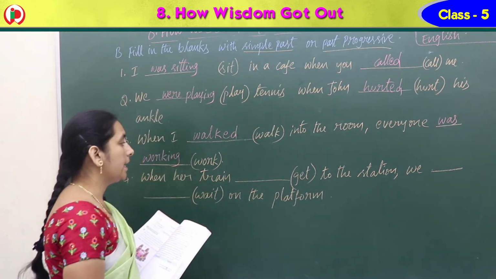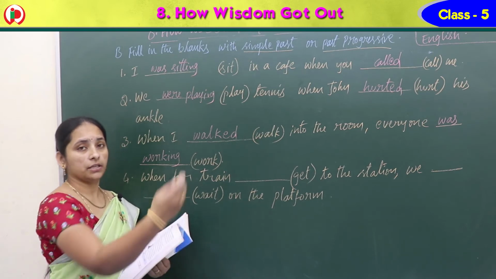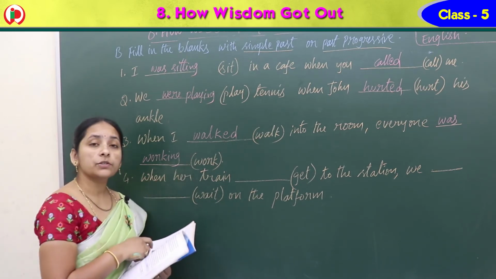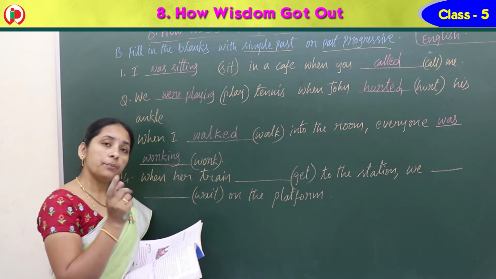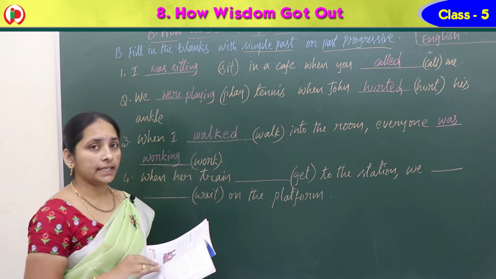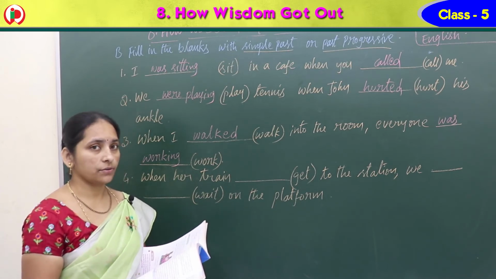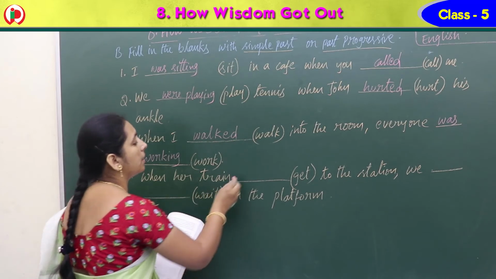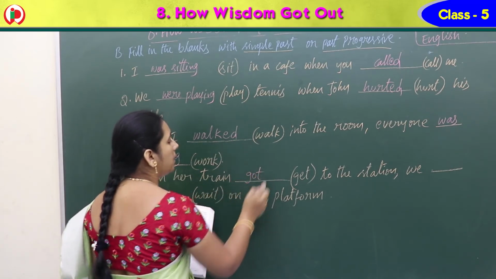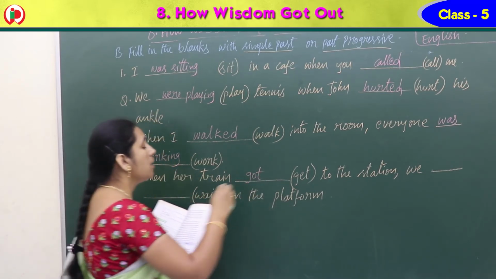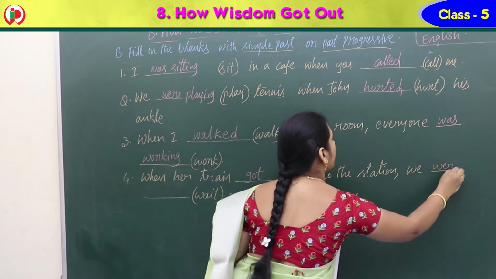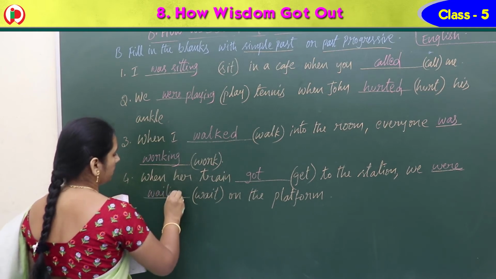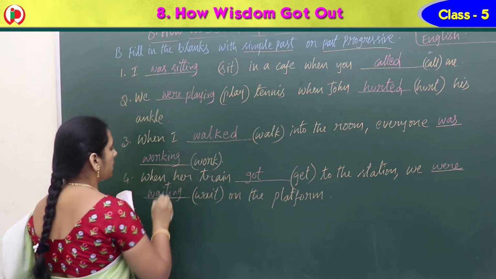So the train is coming to the station. But what happened? We dash wait on the platform. So before the train comes, we were waiting at the platform, and after that also, right? So when her train got to the station, we were waiting on the platform. Okay?